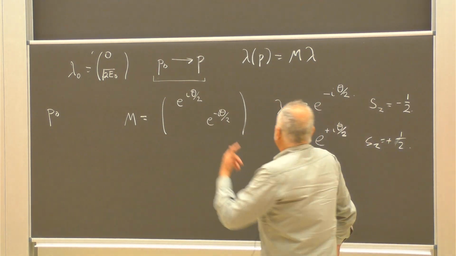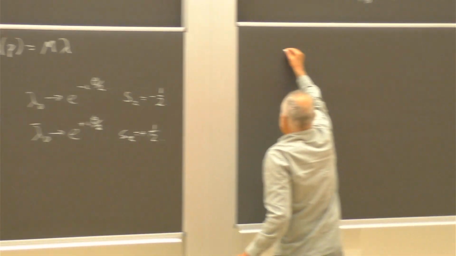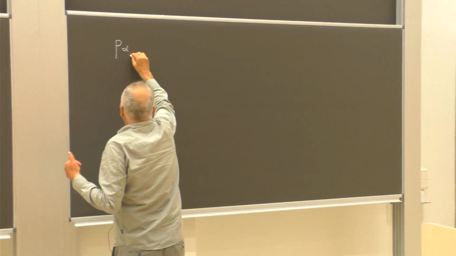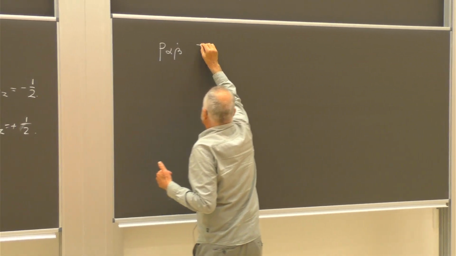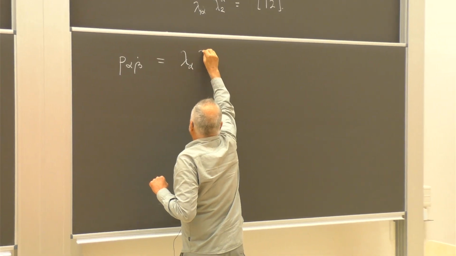By the way, it's trivial to see that such transformations do not change momentum in this notation, because I told you that this momentum matrix is simply written this way.